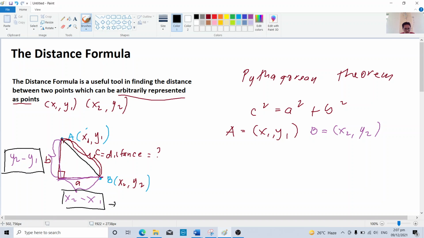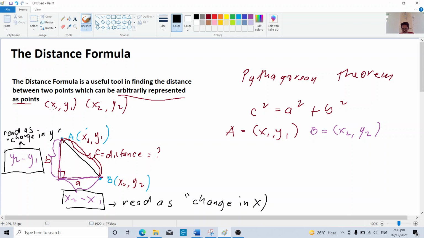Ito, it read as change in x, while this expression read as change in y. Nakuha.